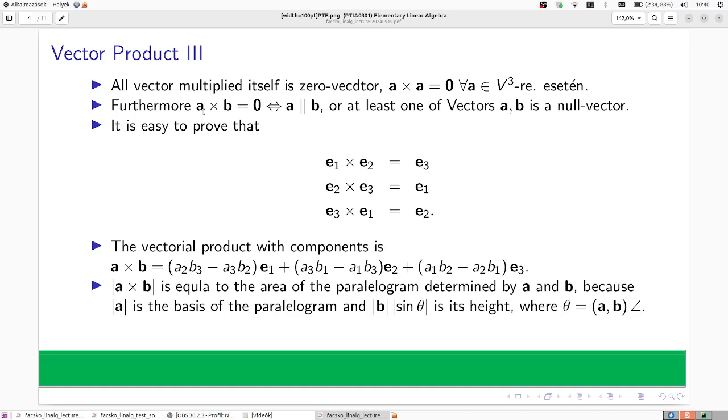operation, the result is a vector. For that operation, the result is a scalar. So that's scalar product, that's vector product.